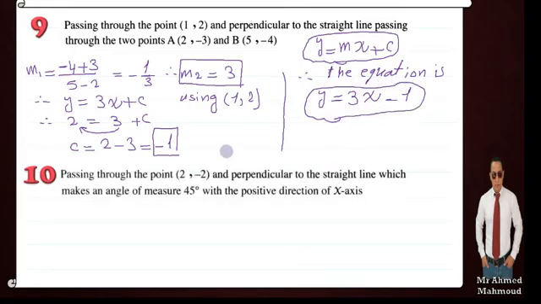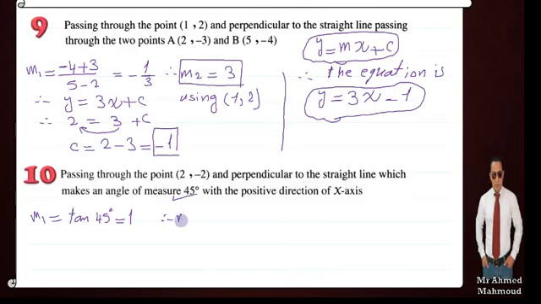Number 10. Passing through (2, -2) and perpendicular to the straight line that makes an angle of 45 degrees with the positive direction of the x-axis. Okay, as the previous one, m1 makes 45 degrees, then m1 equals tan 45 degrees, which equals 1.